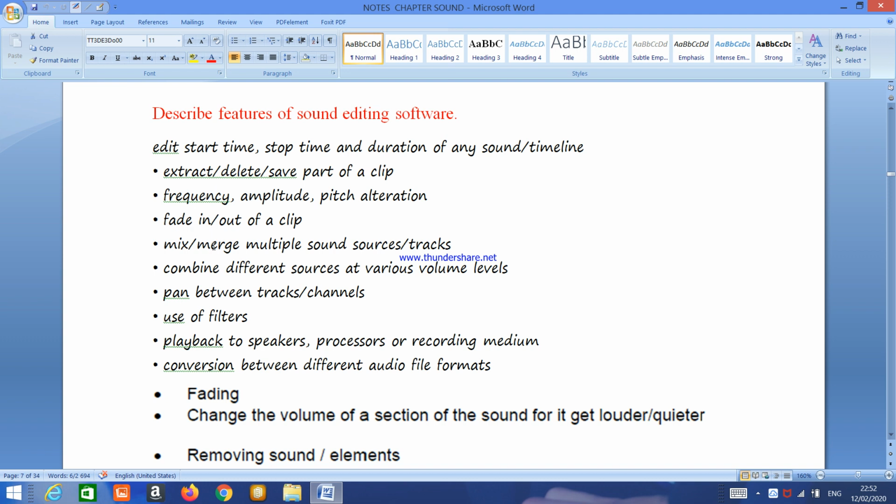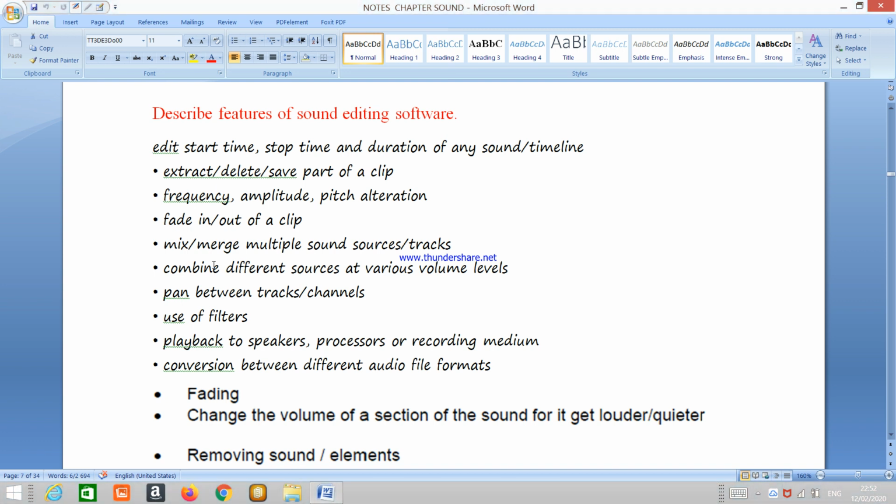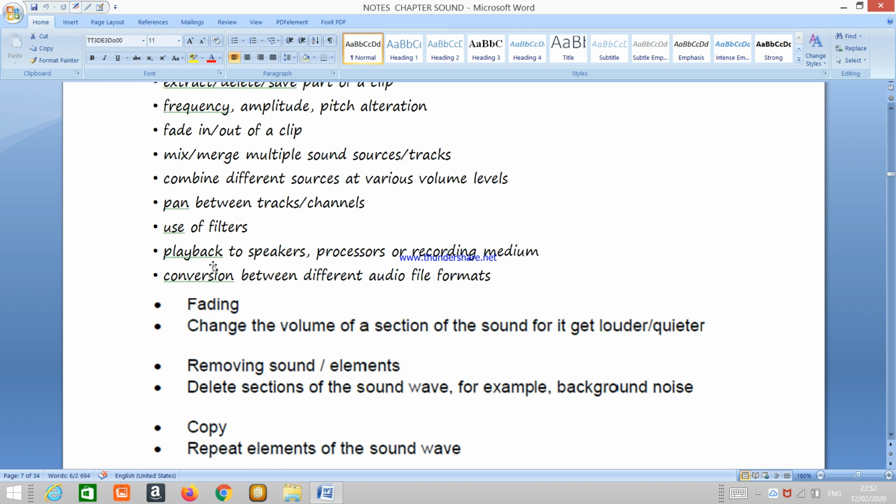You can mix, merge multiple sounds. You can combine different sources of sound at various volume levels. You can pan between the track and the channel. You can use filters. You can play back the recording. You can convert the sound into different audio formats.